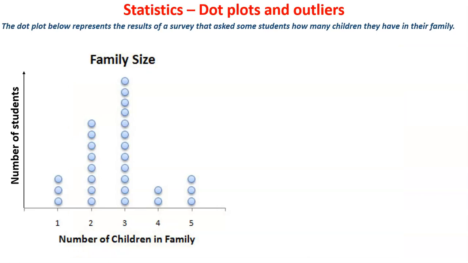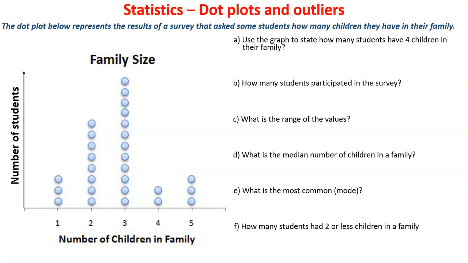So here's our dot plot from before, but this time we're going to do it as a bit of an example. The dot plot below represents the results of a survey that asked some students how many children they have in their family. So this now gives us a bit more of an understanding as to what this dot plot actually represents. Let's have a look at some of these questions now.